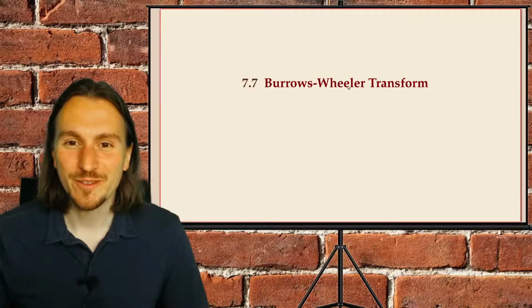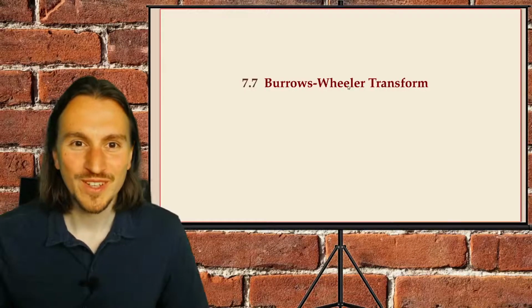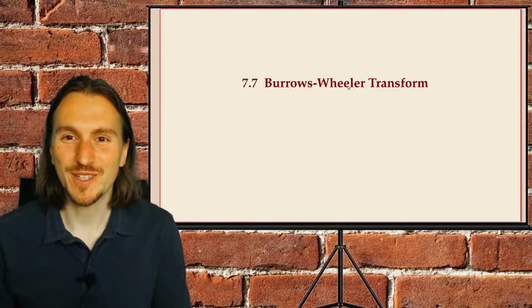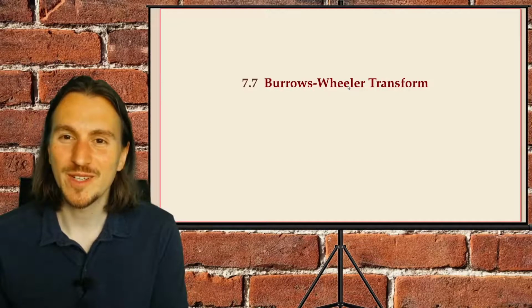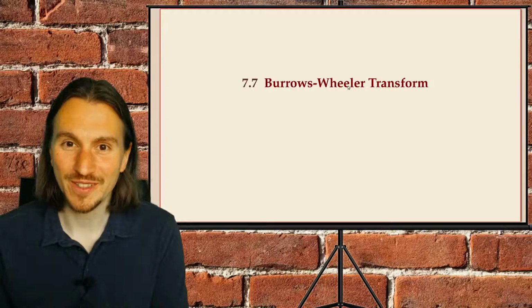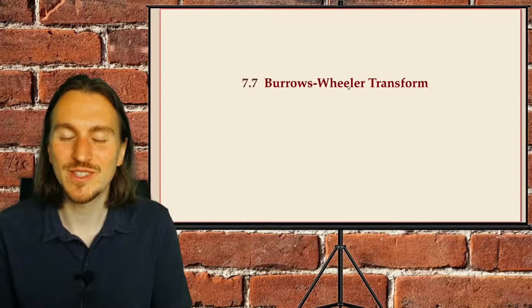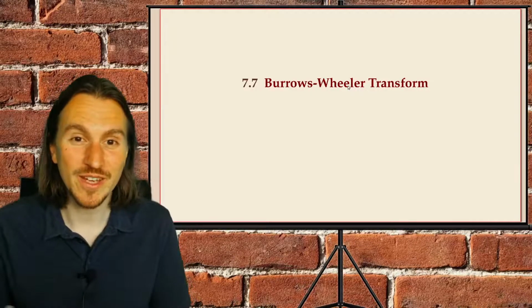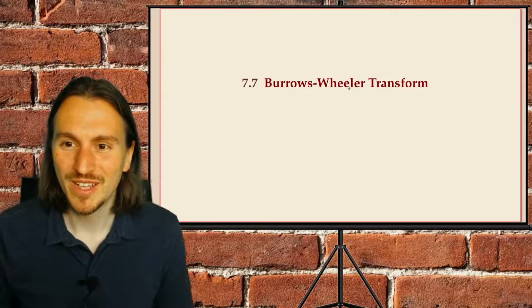In this last subsection from the compression chapter, I want to talk about the Burrows-Wheeler transform. That's the most sophisticated text transform that we will cover. And again, it will not by itself make the text compressible, but it makes redundancies in the text explicit and then allows other compression methods to work much more effectively.